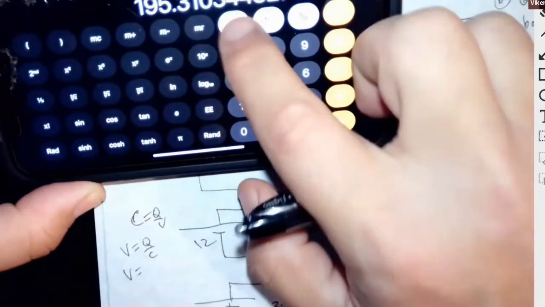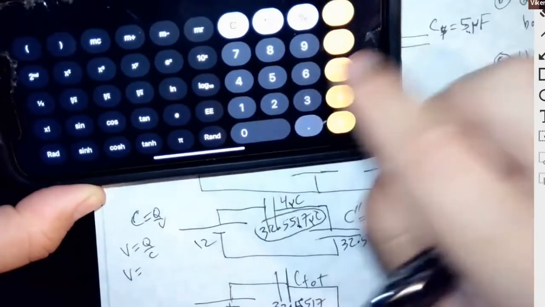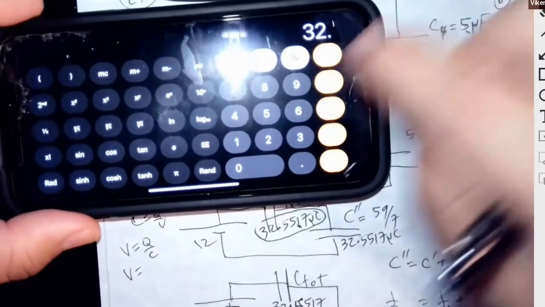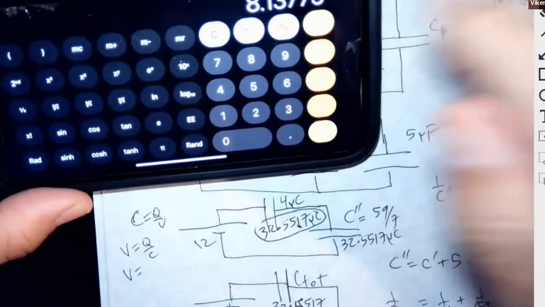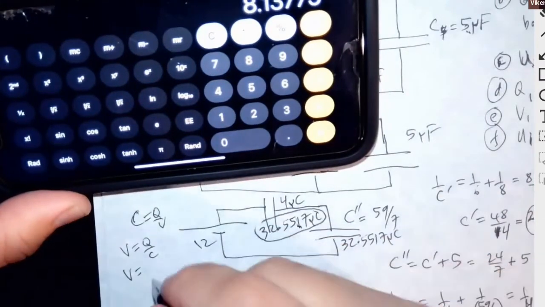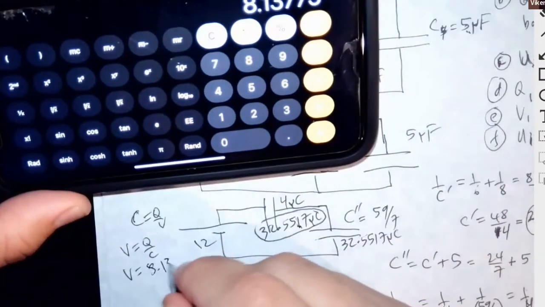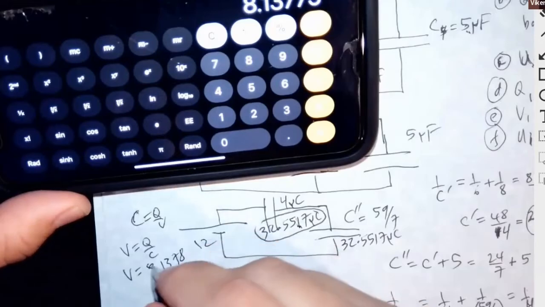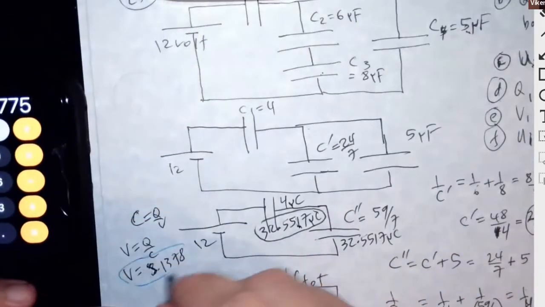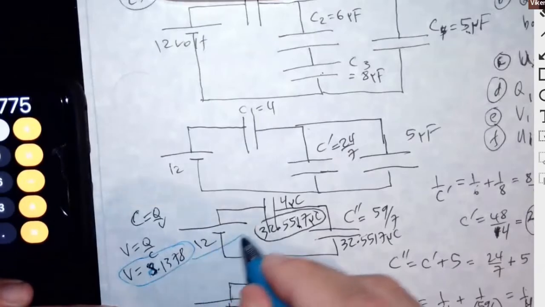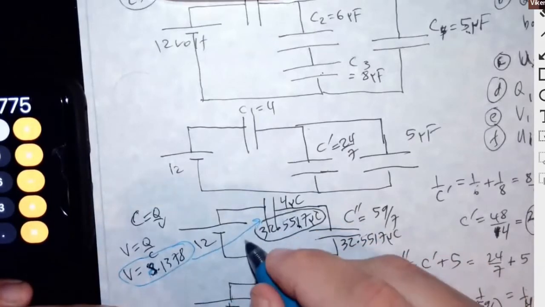So 32.5517 divided by 4, 8.1378. Okay, so then this is the voltage of that one, and this is the charge.